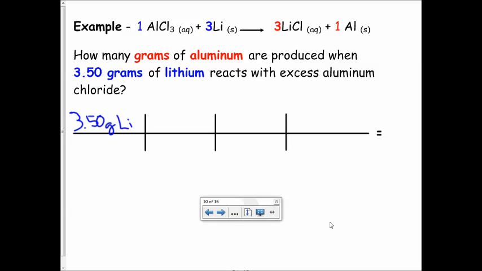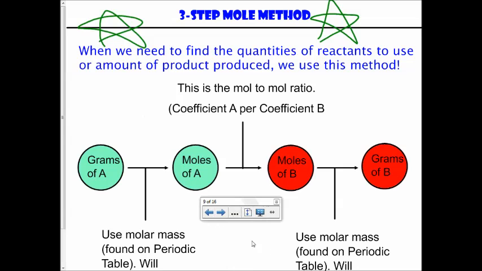Let's switch back. Let's look. What is our next step? So we are going from grams of substance A. Are we converting to a different substance? Yeah, we are. We're going from lithium to aluminum. So we're going from a substance A to a substance B. So what steps are we going to follow on the previous page?